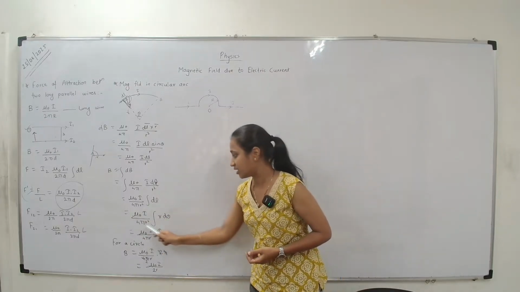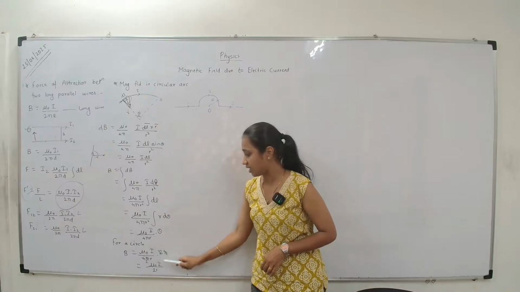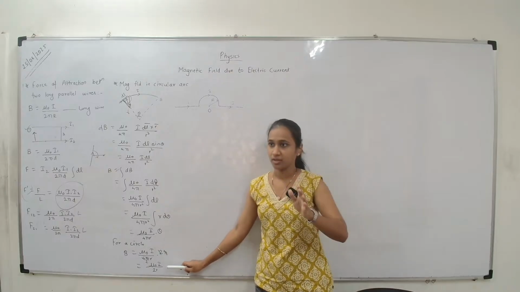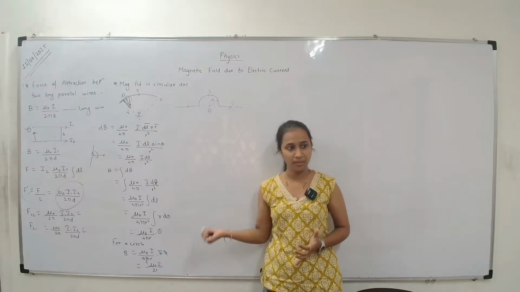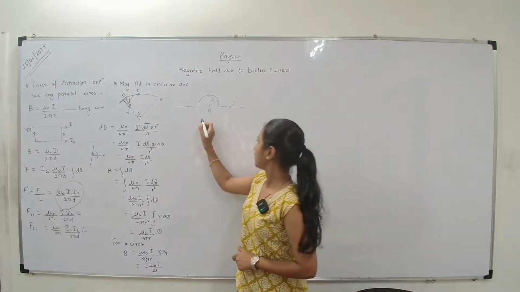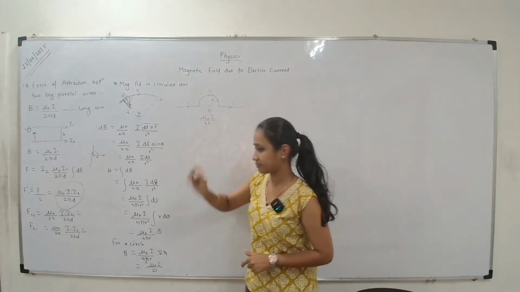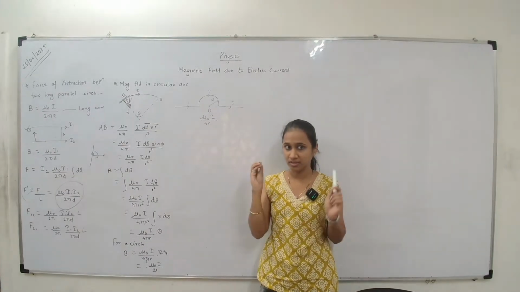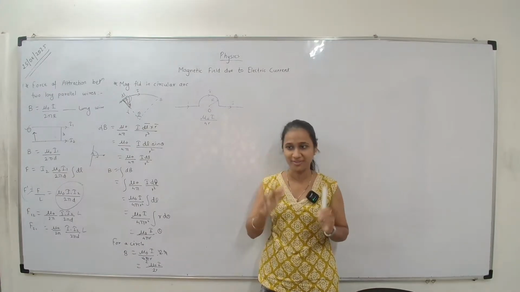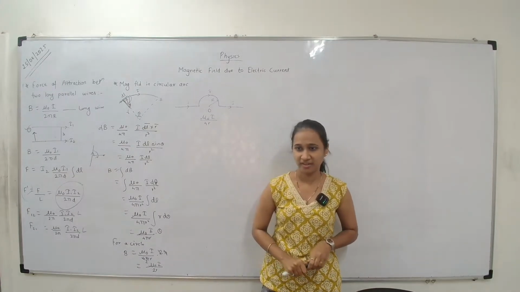First write this formula. And for the semicircle, this theta is pi, that is 180 degrees. So just substitute theta is equal to pi, pi will get cancelled, and the magnetic field will be mu naught I upon 4r. I think you should look at this 2-3 times and store it, it will appear very frequently.